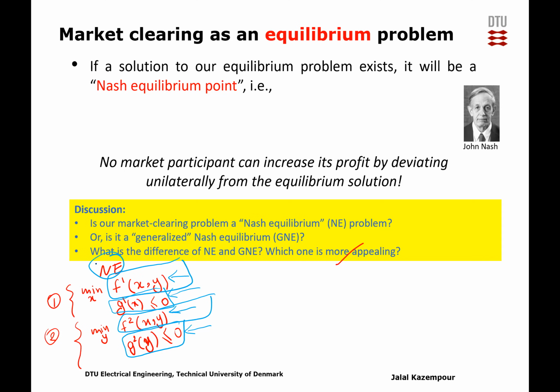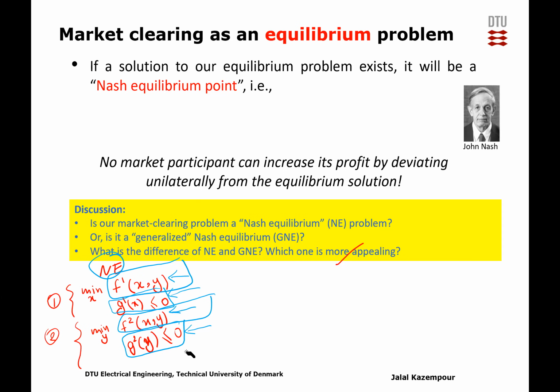This is a Nash equilibrium problem because only our payoffs, our objective functions, depend on others' decisions. Our feasible space, our constraints, are independent of the decisions of the others. We call it Nash equilibrium problem.